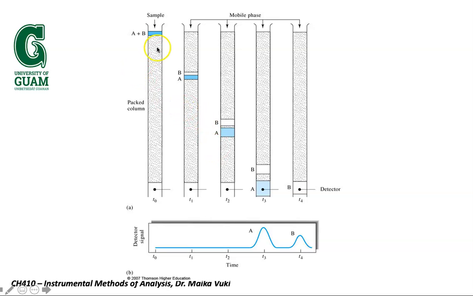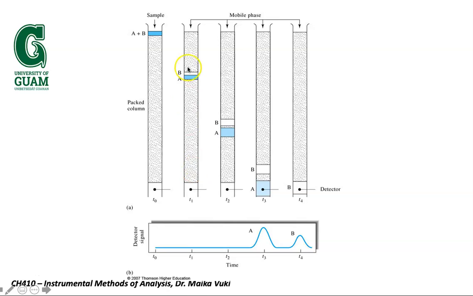This illustrates the movement of mixtures along a tubular column. You have the mixture A and B introduced at the top, and this column is filled with a stationary phase, and then the elution process is allowed to run over a period of time. Beginning at time 0, when it reaches the end of the column or the detector, you expect to see the separation, and that's essentially what happens.